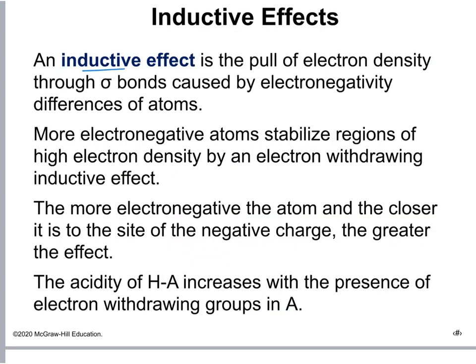Okay, the other one is the inductive effect. When you're dealing with inductive effect, the examples are always going to be carbon. Oh, no, I'm sorry, I was thinking of hybridization. Ignore that. Okay, inductive effect. You're still dealing with carbons, but you're dealing with electronegativity, and the inductive effect is through the sigma bonds. This kind of confuses people sometimes.